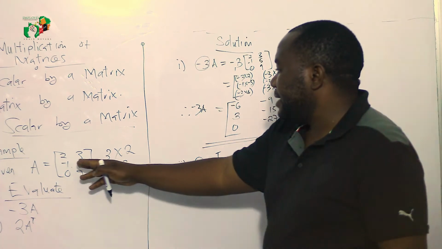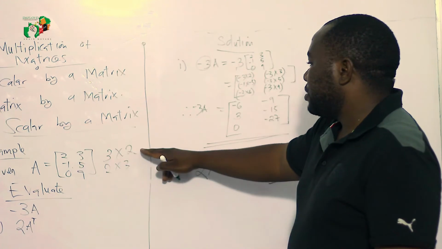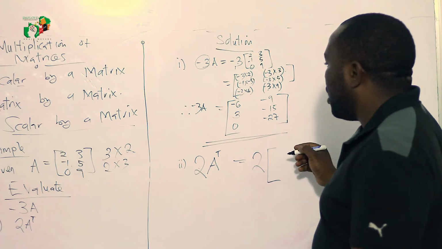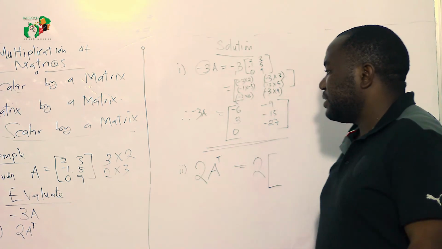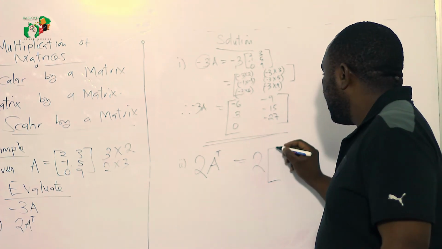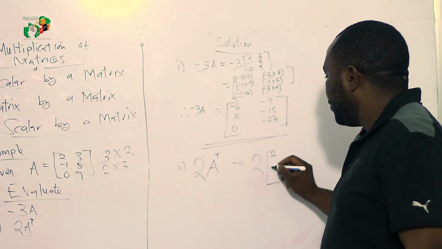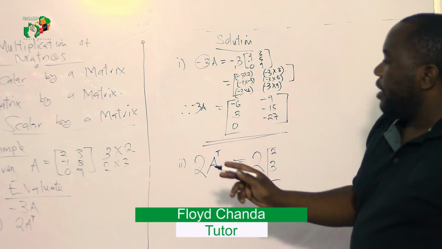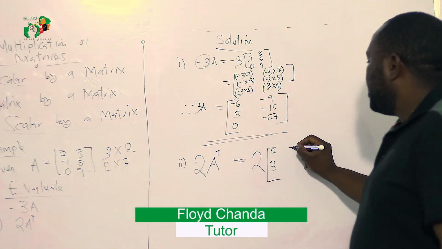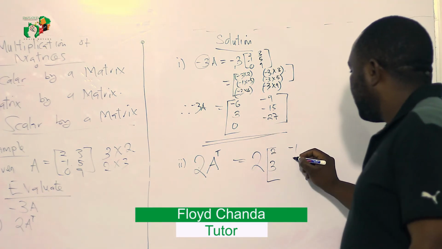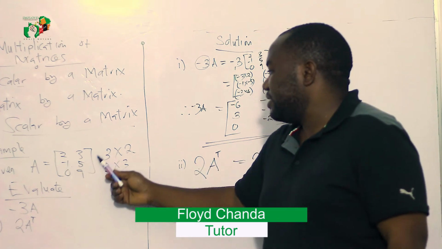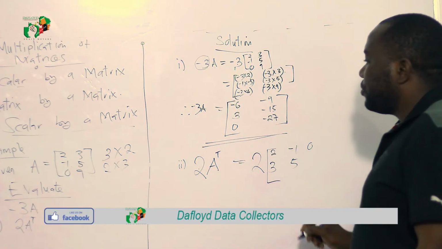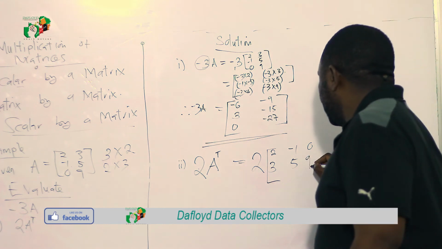So A transpose is going to be 2, 3, then negative 1, 5. So this row has changed into a column, and 0 and 9.